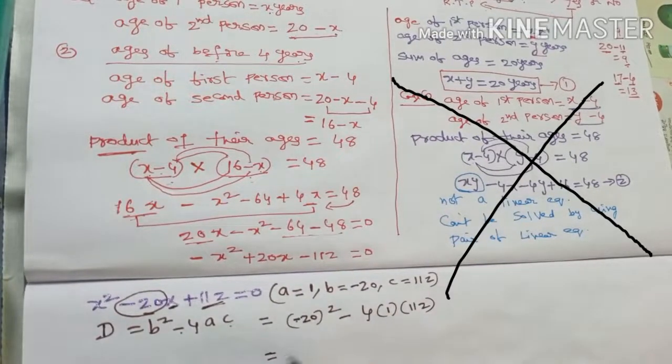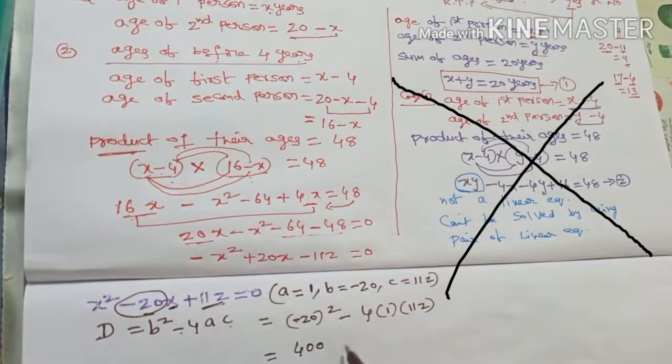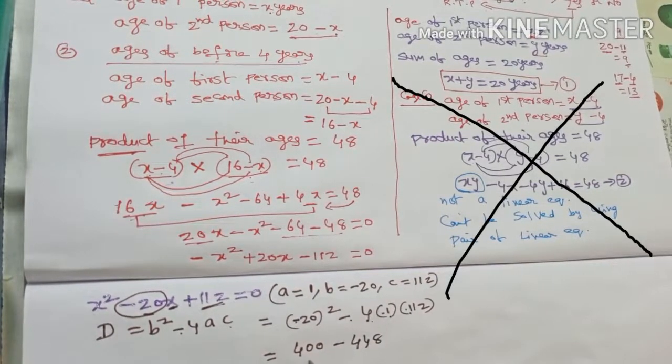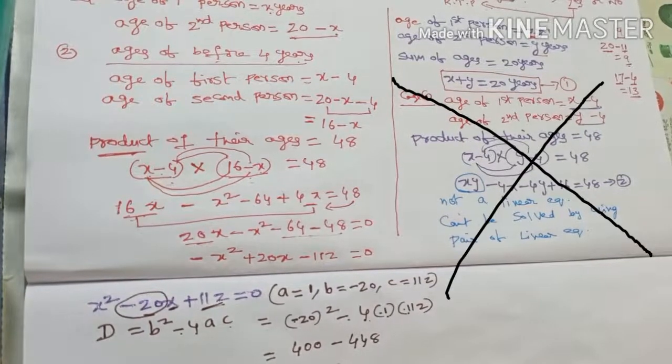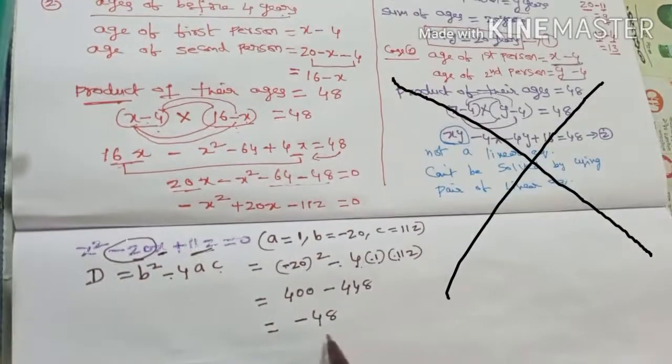Therefore, this minus square becomes plus. 20 square is nothing but 400. Here minus into plus into plus gives minus. 4 ones are 4, 4 112s: 4 12s are 48, that is 448. Therefore 400 minus 448 is nothing but minus 48.